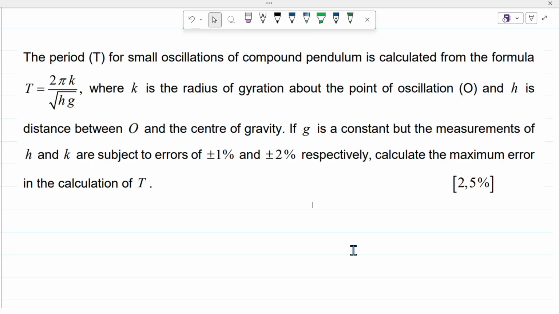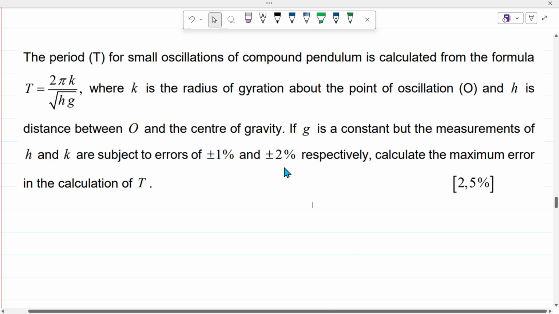If g is a constant but the measurements of h and k are subject to errors of plus minus 1% and plus minus 2% respectively, that means that the percentage change in h is plus minus 1 and the percentage change in k is plus minus 2 respectively. So calculate the maximum error in the calculation of T.